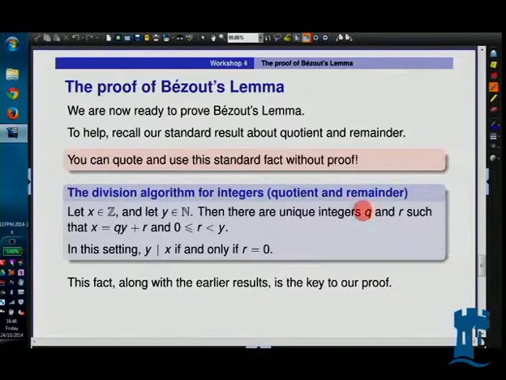We need this quotient and remainder, which we mentioned several times. As before, you take an integer and a positive integer, and you want to divide the integer by the positive integer and get a quotient and a remainder. So x over y is equal to q plus r over y.